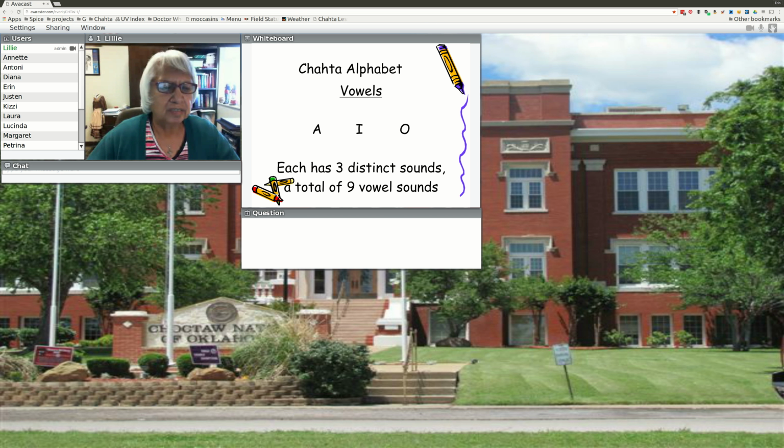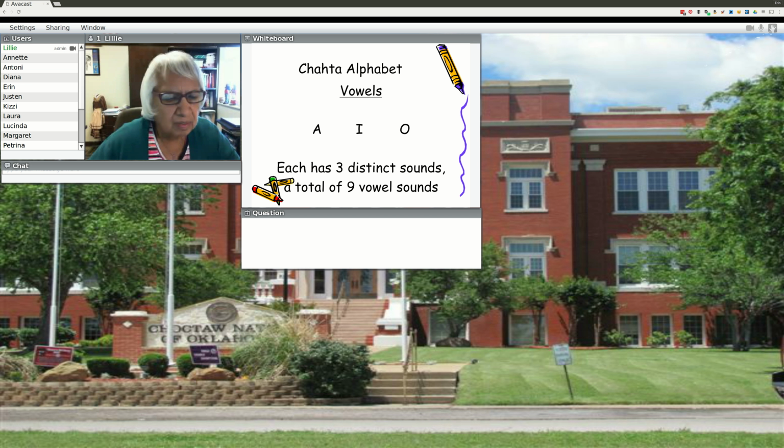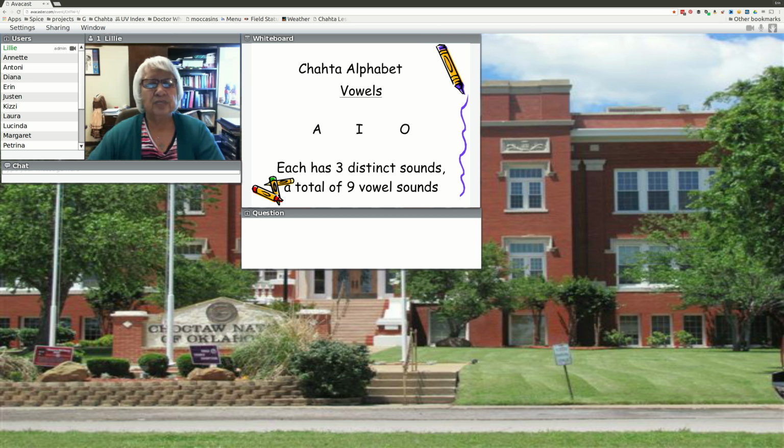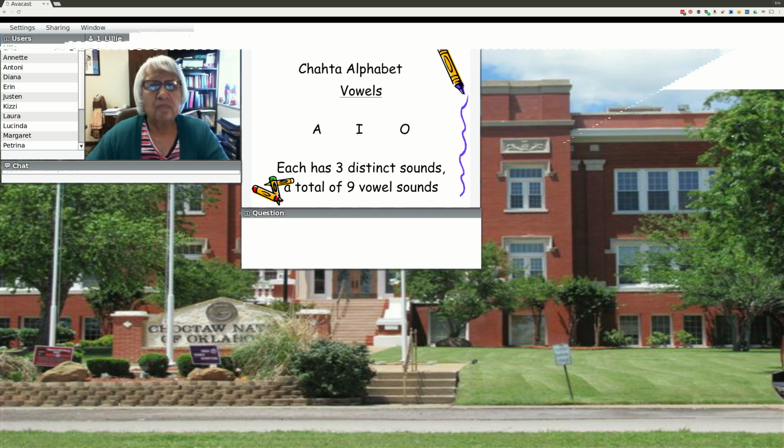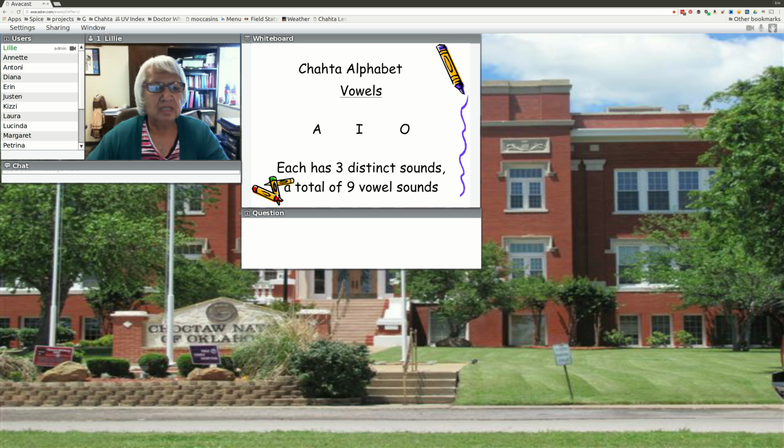These are the only sounds that Chahta has. We have the long vowel, a short vowel, and a nasal vowel.